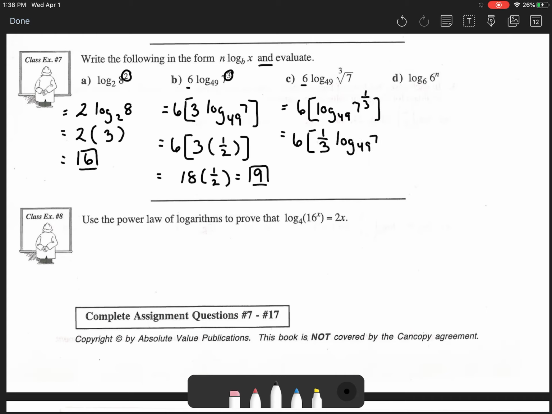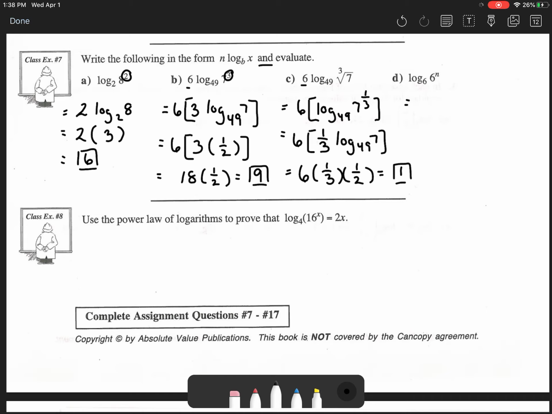And again, log base 49 of 7. Now we should know what that is from the last question, right? That's going to be 1/2. So I have a 6, I have the 1/3, and log base 49 of 7 is 1/2, isn't it? So 1/2 times 1/3 is 1/6 times 6. So that is 1.